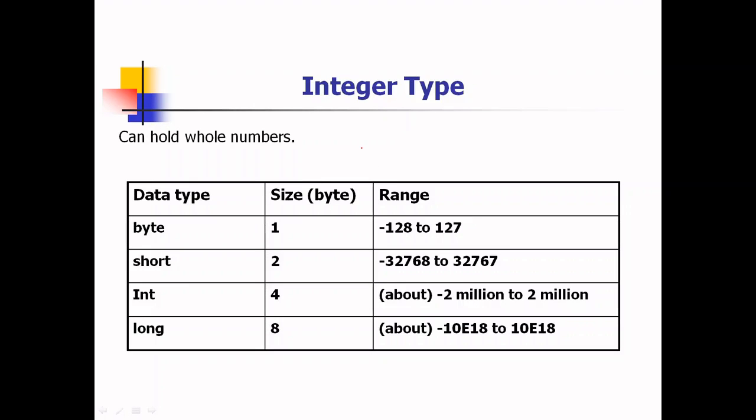Integer type has different subtypes in it. So we have a type called byte. The size of type byte is 1 byte, and the range of values which we can store in the byte variable is minus 128 to plus 127.